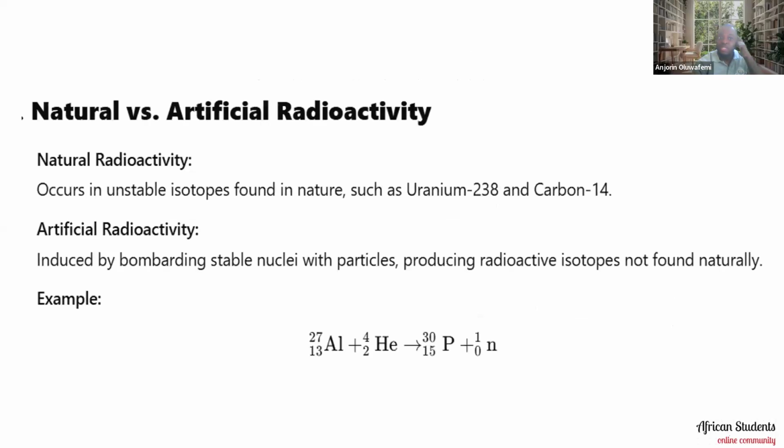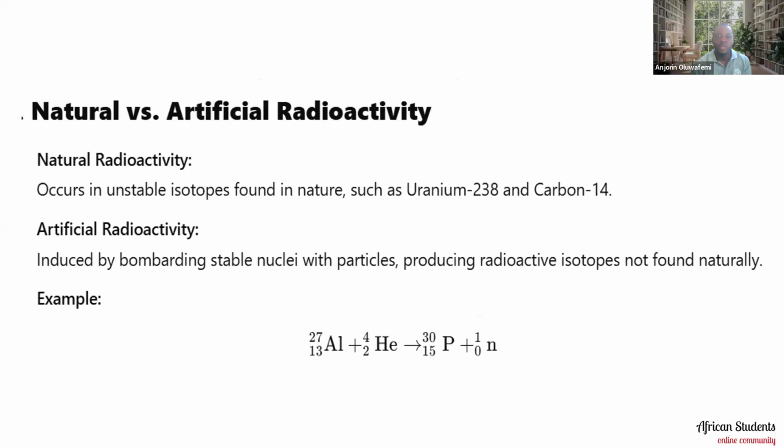So the next thing that we need to look at is to compare natural and artificial radioactivity. Natural radioactivity occurs in unstable isotopes found in nature, such as uranium-238 and carbon-14.